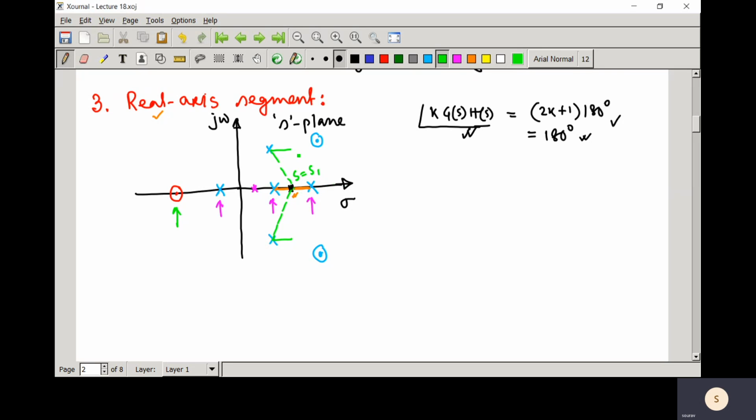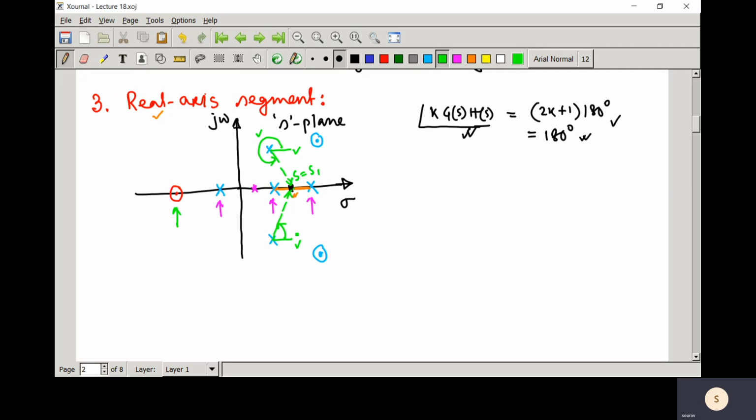Then we can see that this is the 0 reference line. So this is the angle contribution, and here you can see this is the contribution, because these are the two vectors. So what is the contribution?